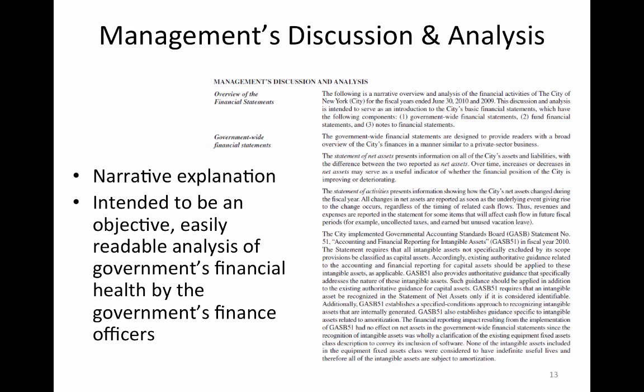It is supposed to be objective. The auditors, even though they don't audit this, are at least looking at it to make sure it's consistent with the information in the financial statements and notes. If a government makes an outlandish claim, I think most auditors will at least ask them to back it up, even though they're not really auditing this information.